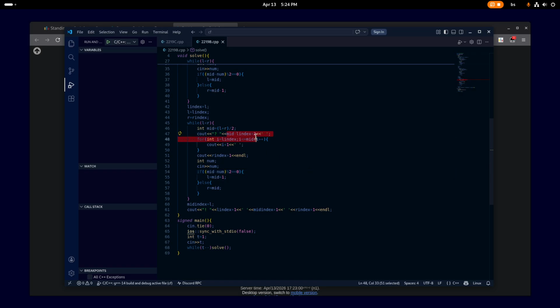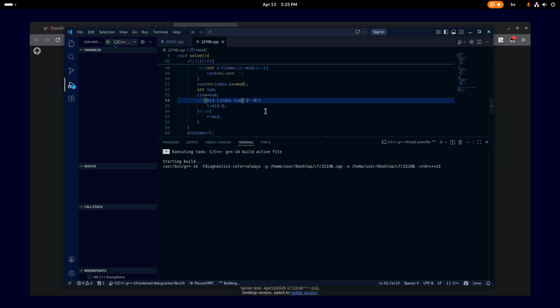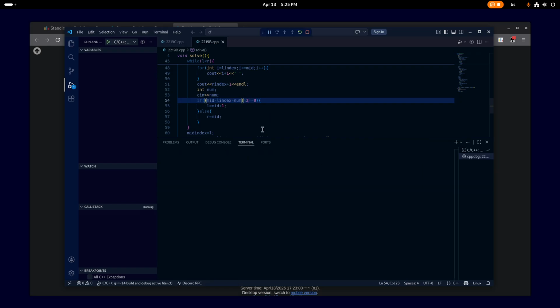So yeah, probably this. Now, just need to check the parity of this.